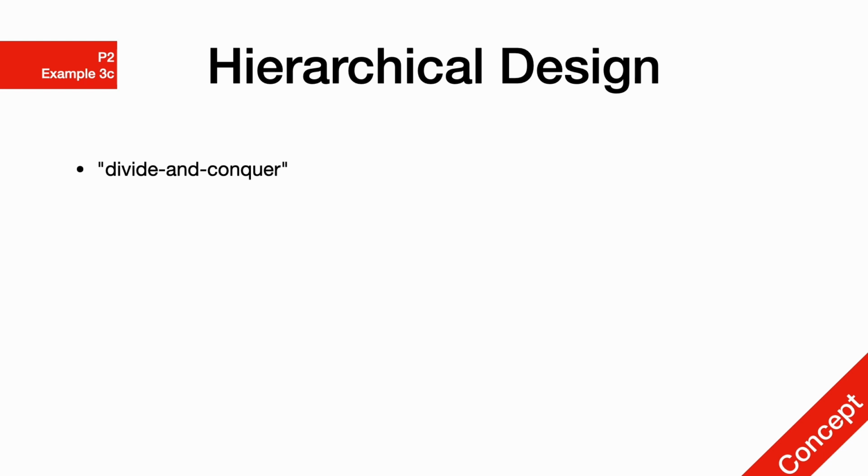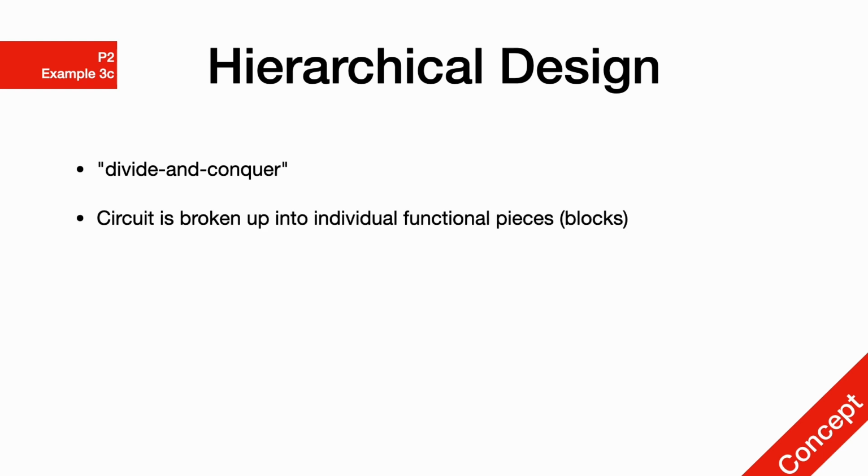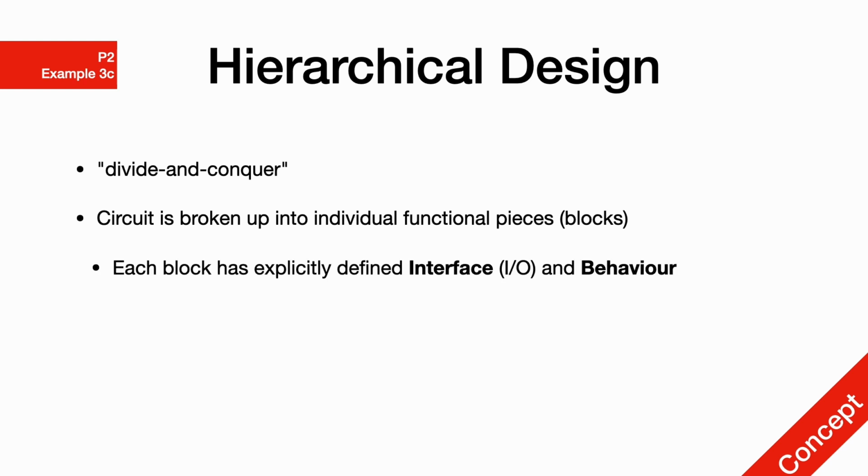Sometimes when you're faced with having to design something more complex, a complex circuit, the circuit design is broken up into individual functional pieces, also called functional blocks. Each block will have its own explicitly defined interfaces, such as inputs and outputs, and its own input and output mappings, the behavior or truth table, or specification, if you like.